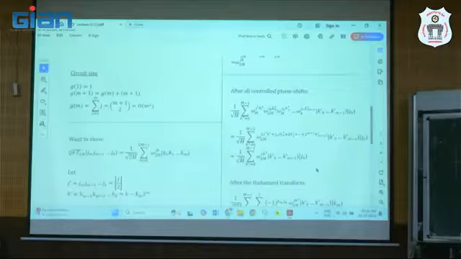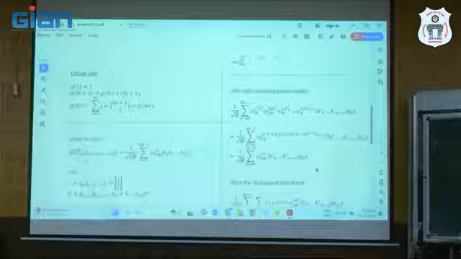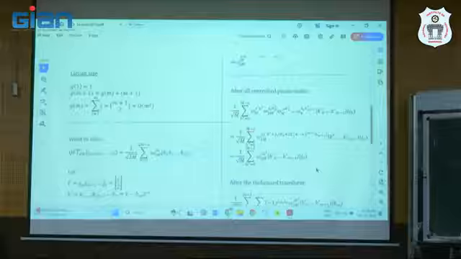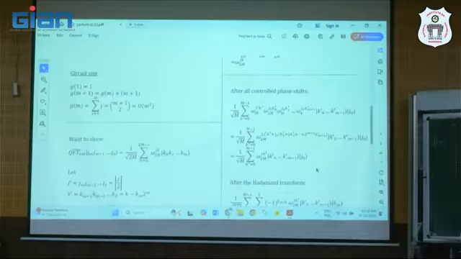Again change it to 2m. This becomes 2j naught k1 prime. Agreed? Again this one will be m over 2 multiplied by 4. Here all the way to 2 to the m minus 1 k prime m minus 1. Agreed? Same formula. Any questions?